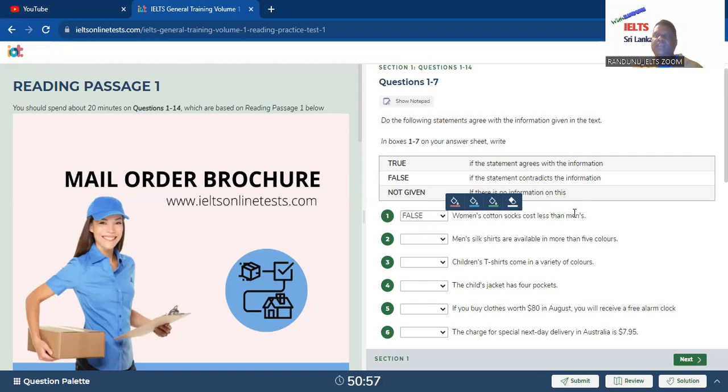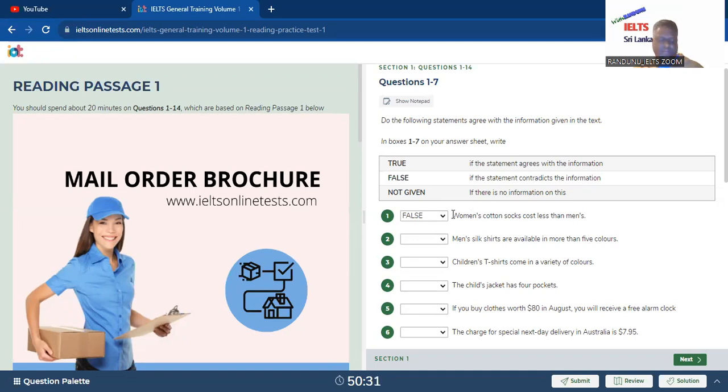Even if you can get something partially, it is not given. If the price of women's cotton socks is given, but the price of men's cotton socks is not given, that is also not given, because you can't find the information for the entire statement.